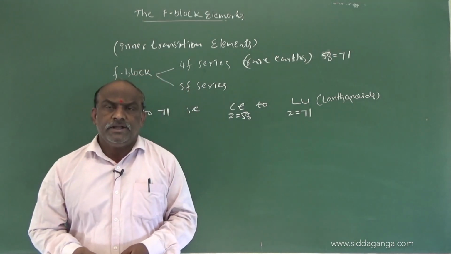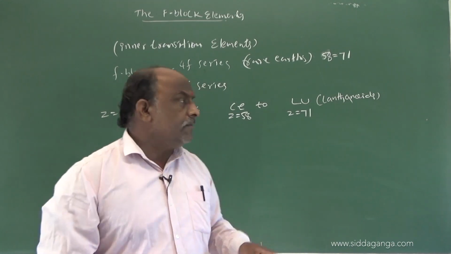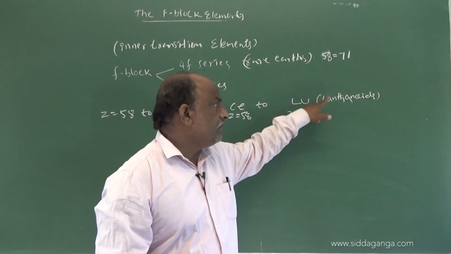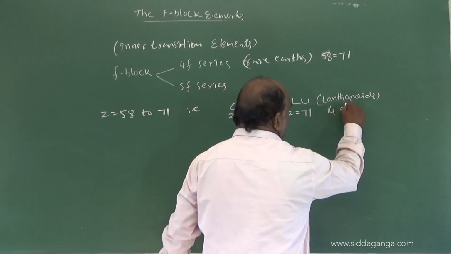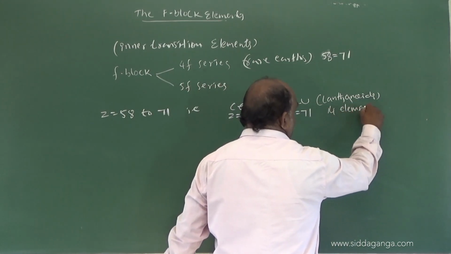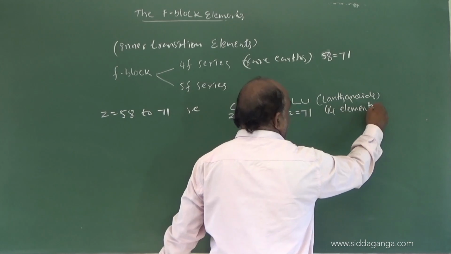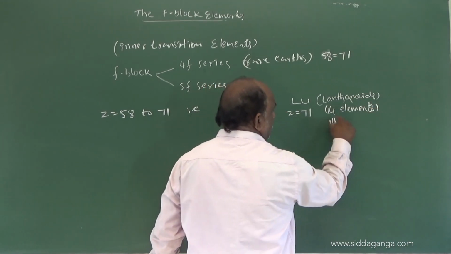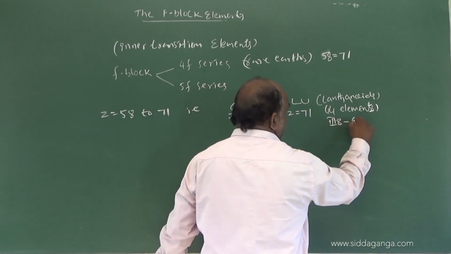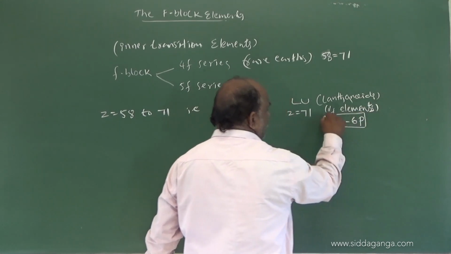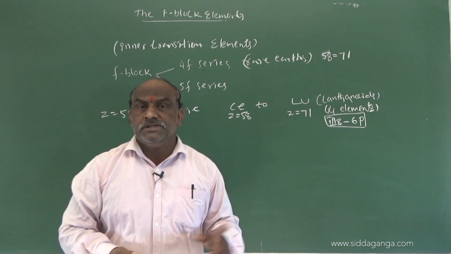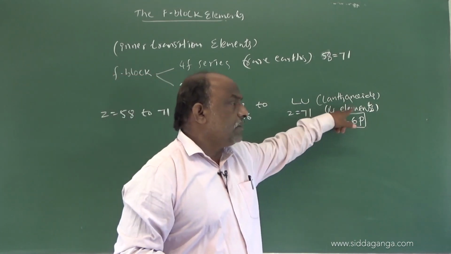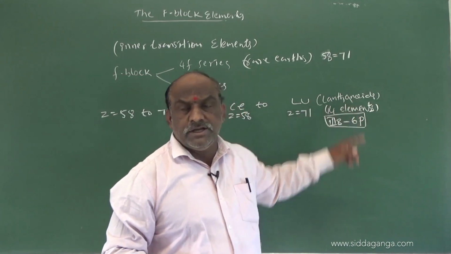These 14 elements are said to be lanthanides. They belong to 3B group, 6th period. The total number of elements is 14.